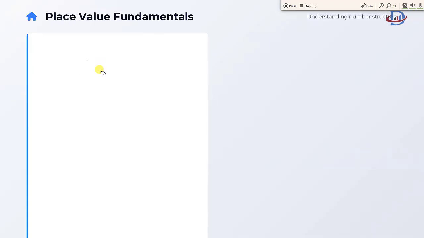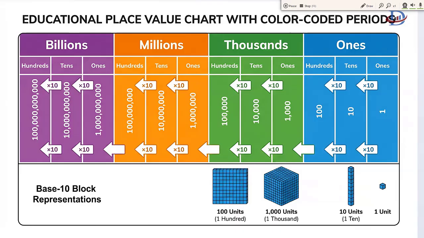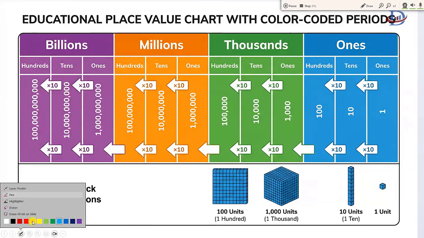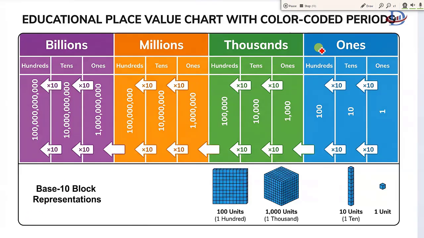So let's go back to our concept. For example, maybe I have the number 346. What is the digit value of 4? We know that this is ones, this is tens.